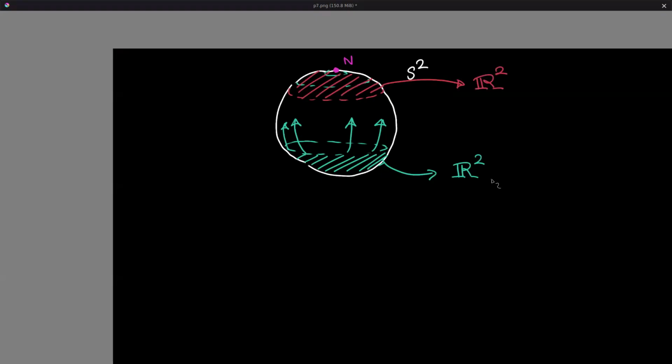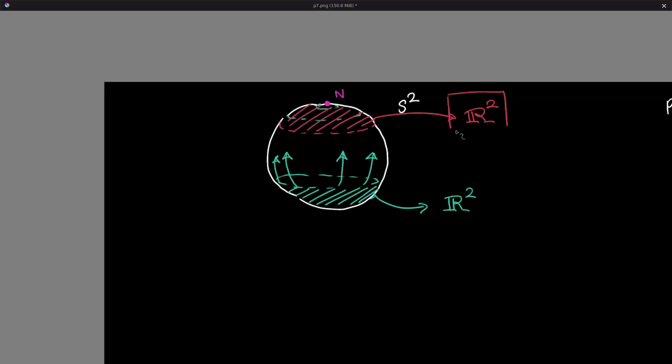We can do this because we know that each open set is going to have a mapping to R2, but now we have this second copy of R2.